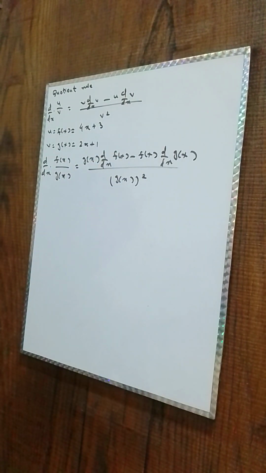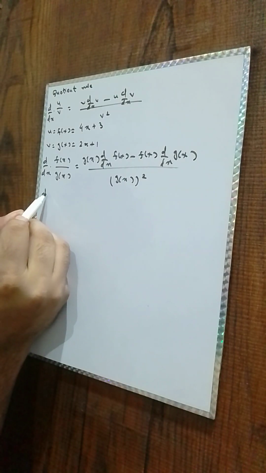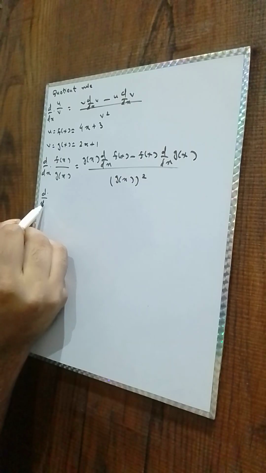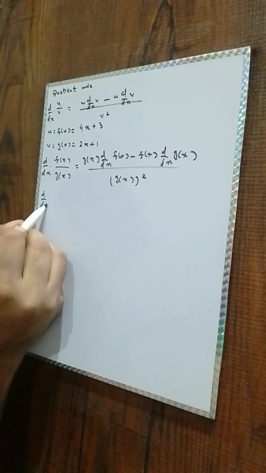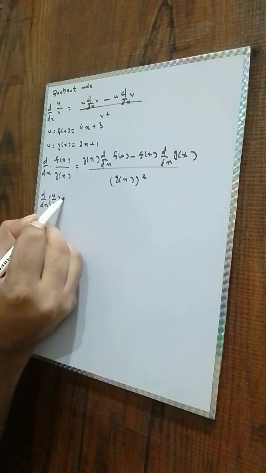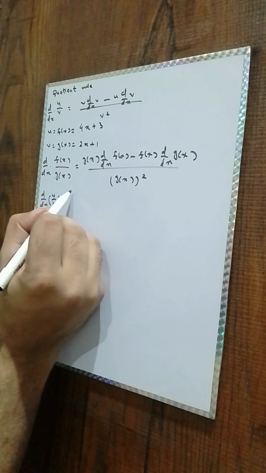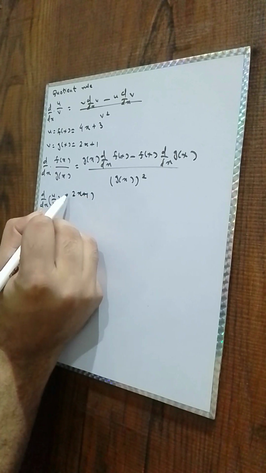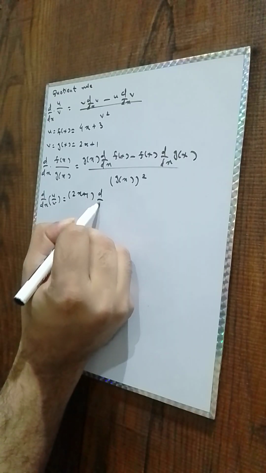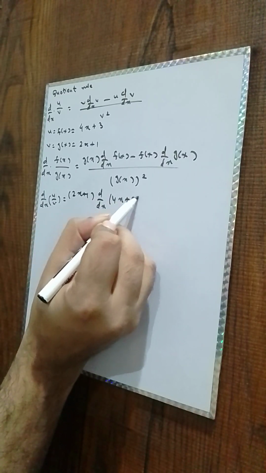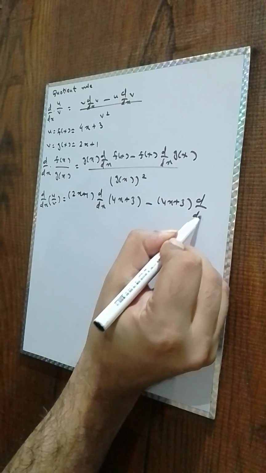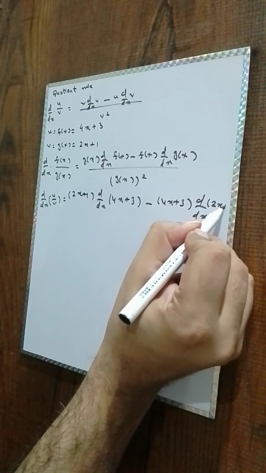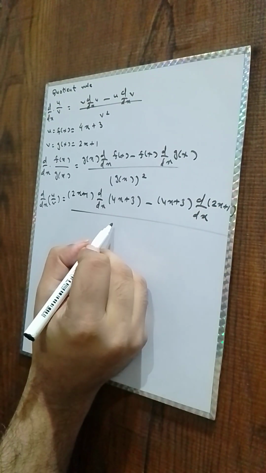So d by dx of u by v, now simply put, is equal to 2x plus 1 outside and d by dx of 4x plus 3, minus 4x plus 3 outside and d by dx of 2x plus 1.